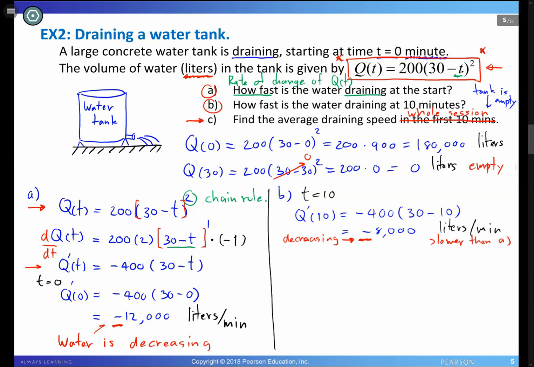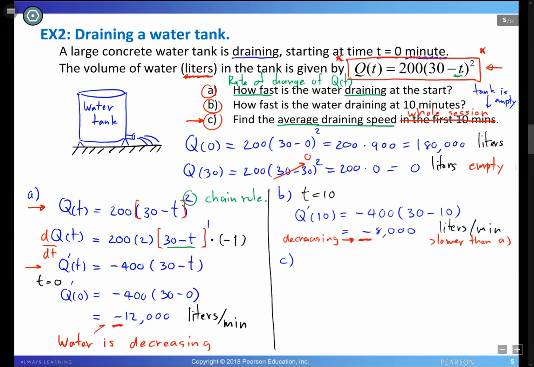Now let's move on to part C, down here. What do they want to know? They want us to find the average draining speed. So let's take a look at this word, average. This is the key. Draining speed. So this one is different. Before it was how fast, but now it's average.